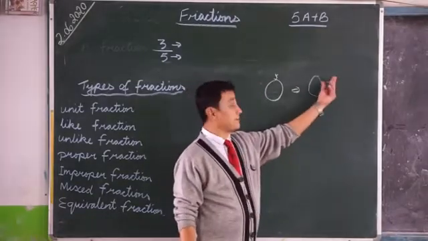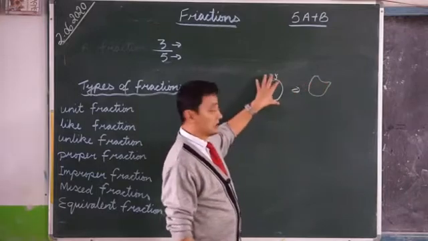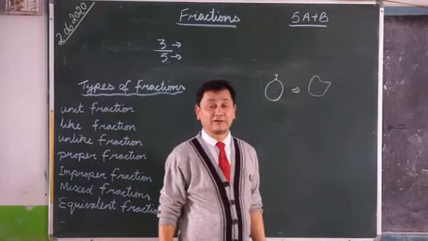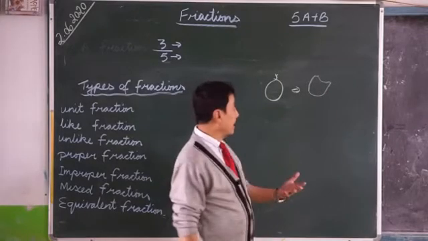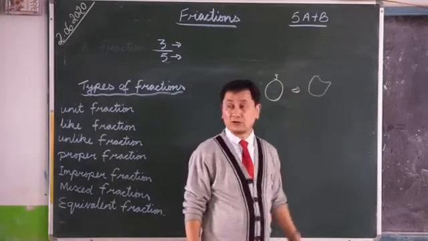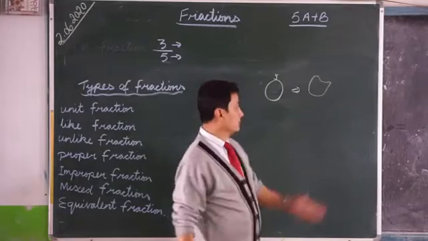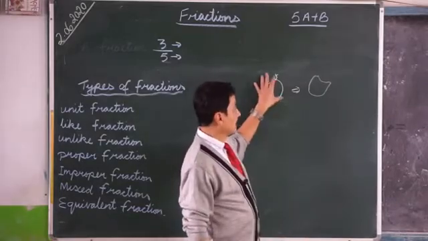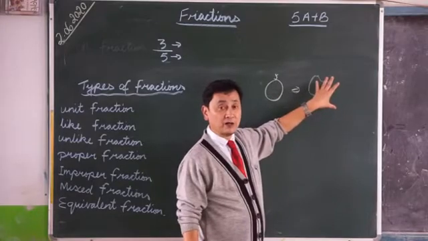You took a bite. You have this apple, you took a bite. So, how much is left? You cannot say half because it's more than half. You cannot say one apple because you have eaten something. This is a whole, and a fraction is part of a whole.